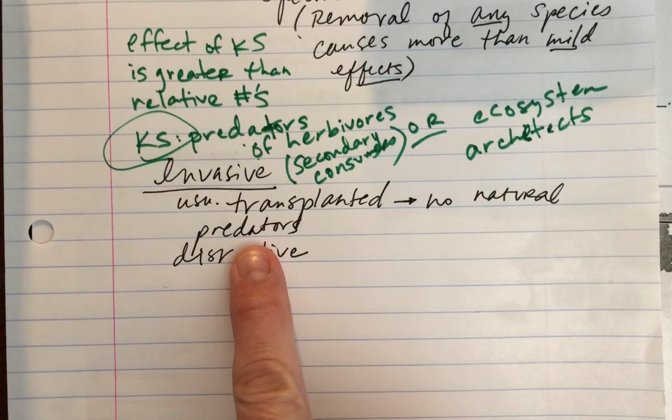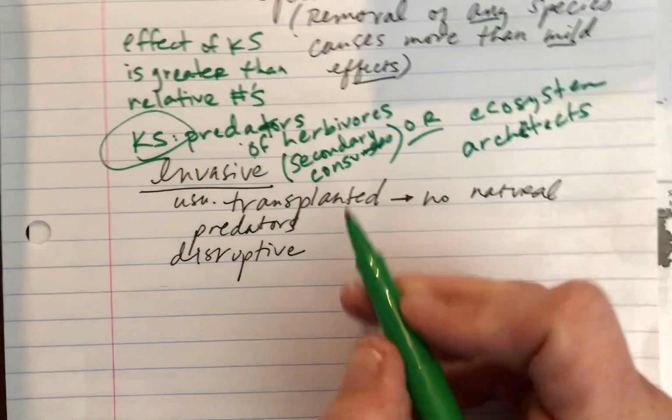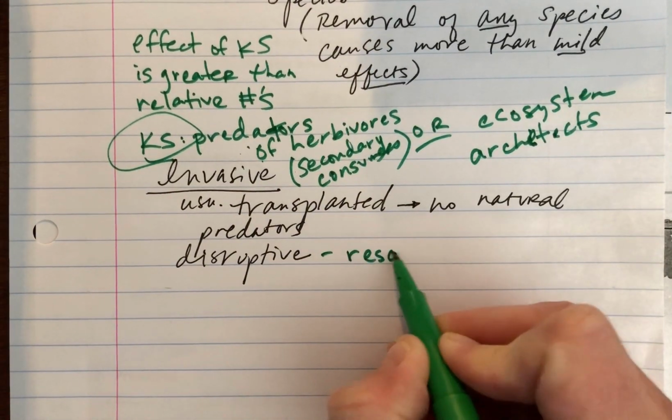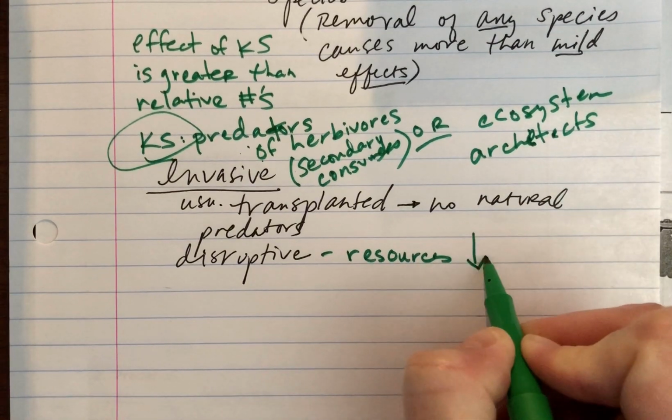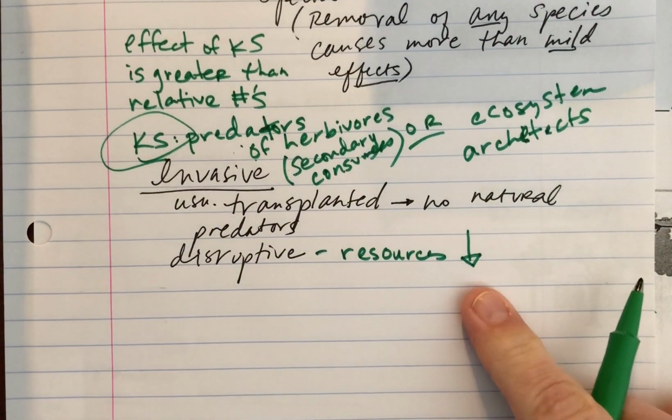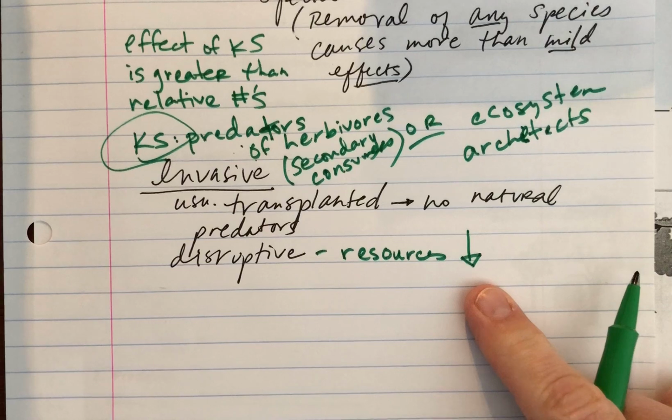So they get there, there's no natural predators, and then their population explodes. And this always has a disruptive effect on an ecosystem's balance. You can imagine why. Resources go down for the organisms that have already been accustomed to living there.